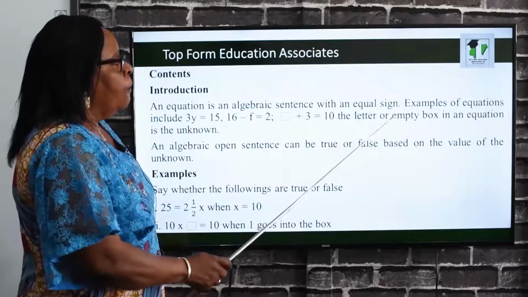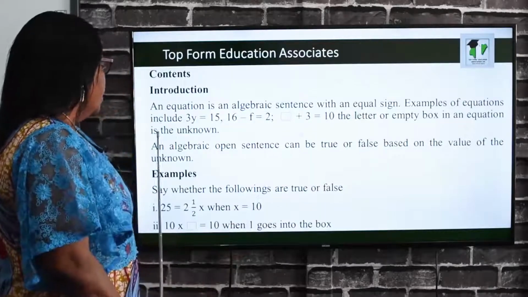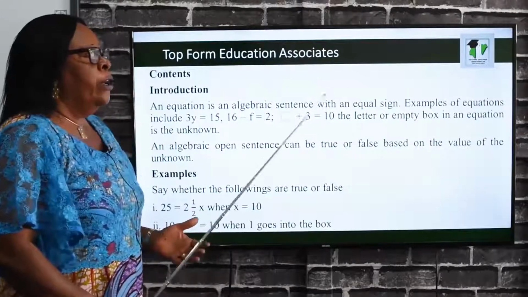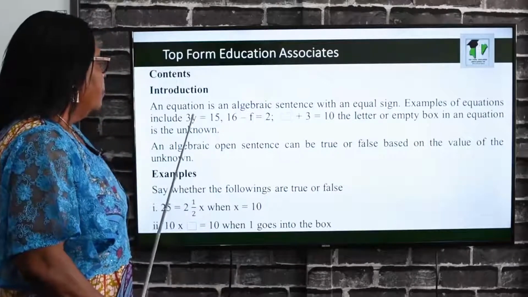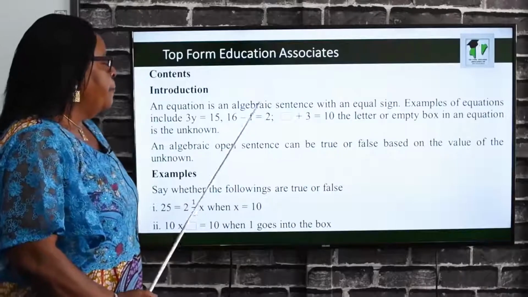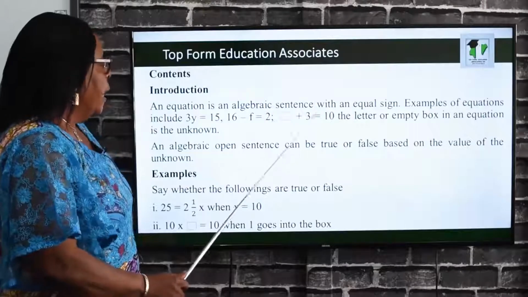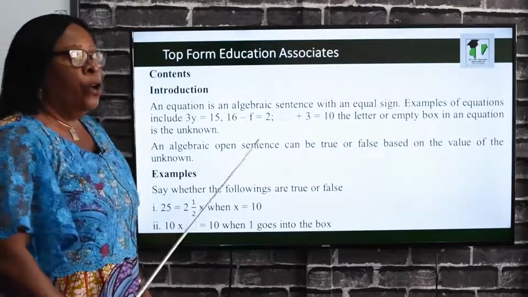The letter or empty box in an equation is the unknown. The letter y, the letter f, the empty box, this in an equation is called the unknown.